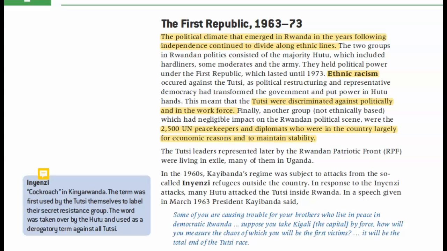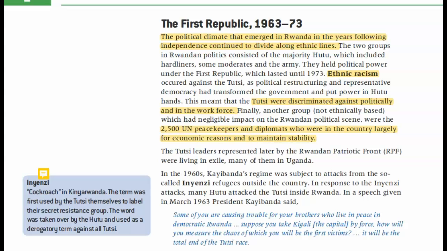Okay, political restructuring. They're going to switch the system of government and really change the system of government in a way that's going to put power solely in the hands of Hutus at the expense of the Tutsi. Tutsi are going to be discriminated against politically and in the workforce. So it's like, hey, we don't want you here, go away.